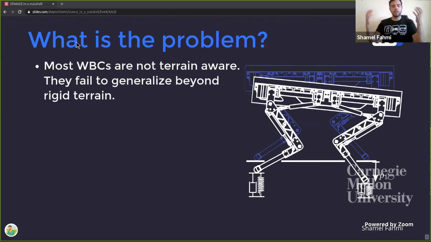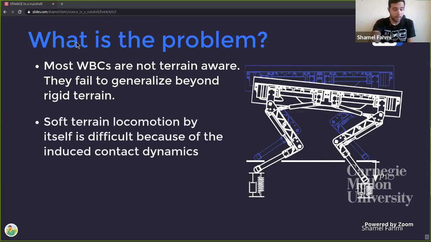So why is this a problem in locomotion? Well, first, if you consider locomotion strategies, whole body controllers for example, you're going to see that most of them are not terrain aware, which means that they often assume a rigid contact between the robot and the environment. So they cannot generalize beyond rigid terrain. That's the first problem.